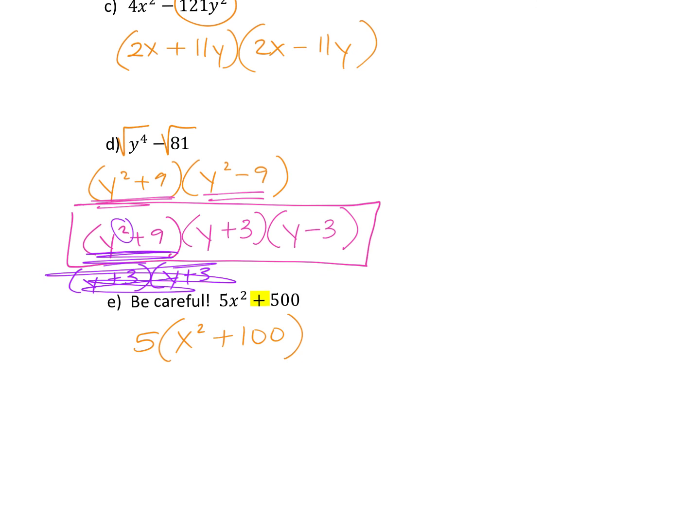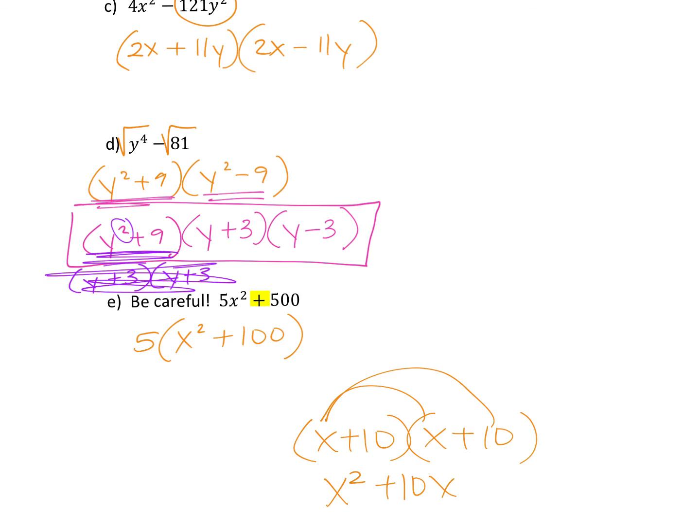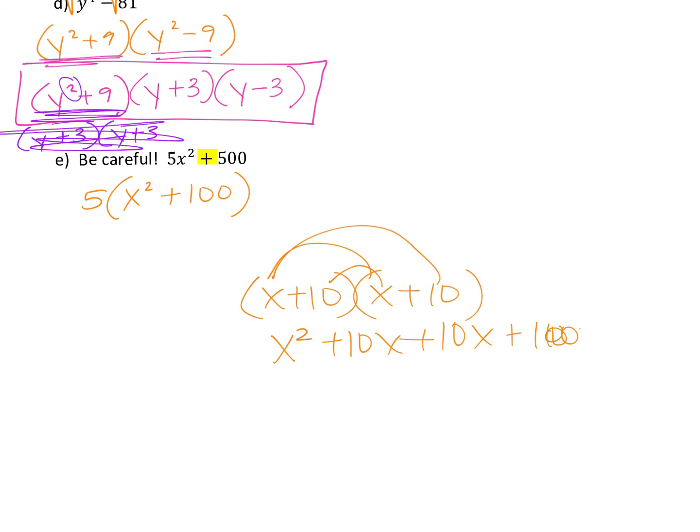They're both perfect squares, but we cannot take the square root and add them together, because x plus 10 squared is x plus 10 times x plus 10. That's x squared plus 10x plus 10x plus 100. That's x squared plus 20x plus 100.